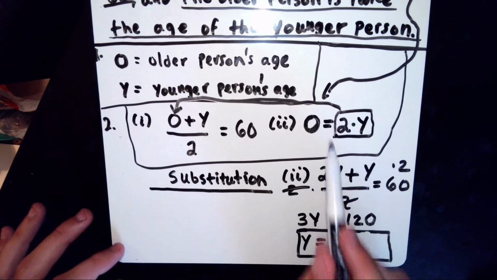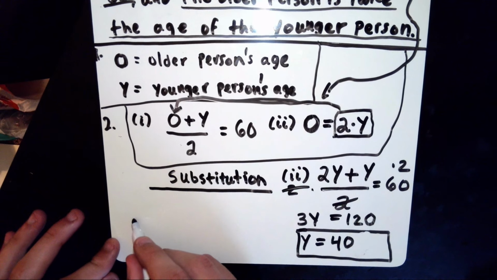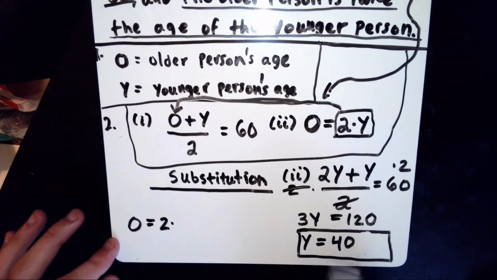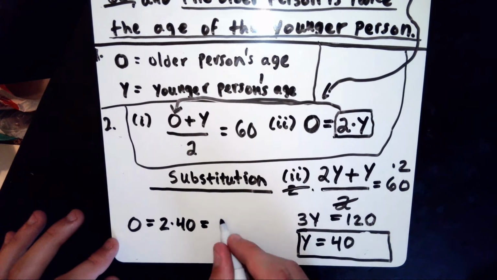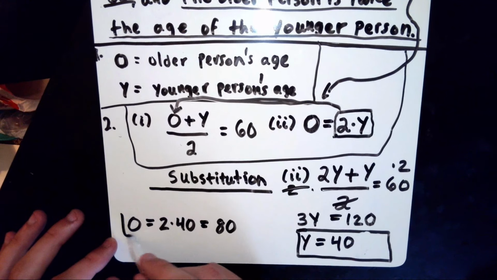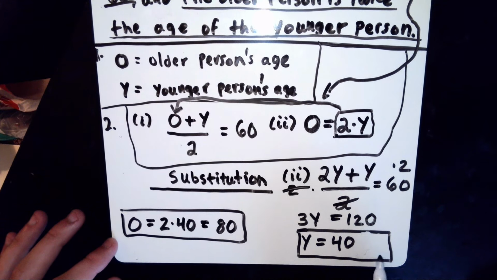Well, we know the older person's age is just twice the younger person's age. So the older person's age is twice 40, which is 80. So we have that the older person is 80 years old, and the younger person is 40 years old.